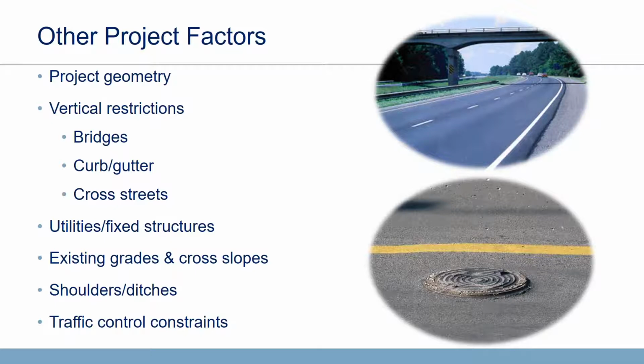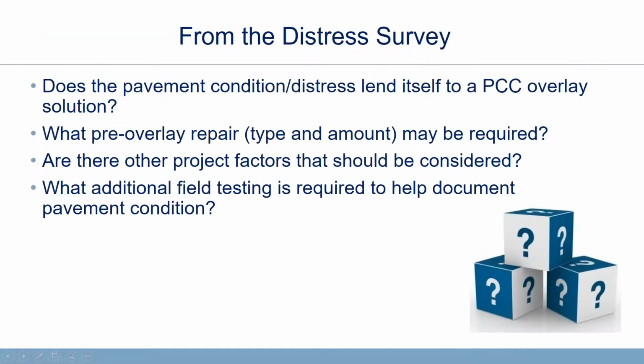Vertical restrictions could be bridges, curb and gutter, cross streets, utilities. Peter mentioned that last week. Existing grade and cross slopes that are coming into the project, shoulders and ditches. It's important if you're in rural areas that you've got some paving room for your paving machine. That oftentimes is a challenge in itself and certainly needs to be considered in the design process.